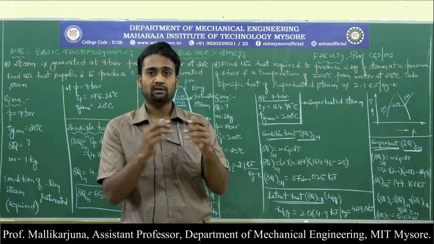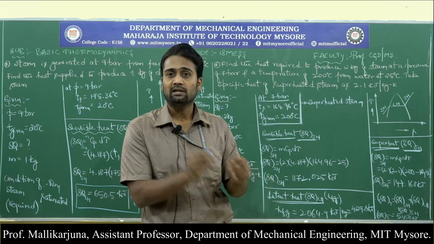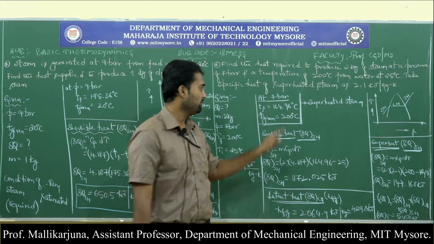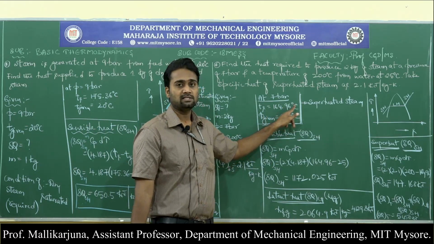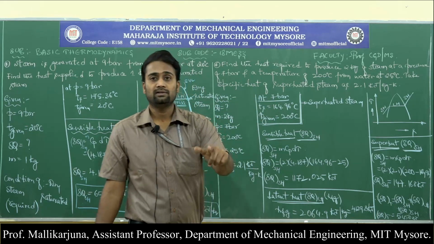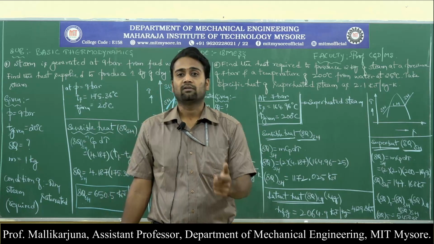So at 7 bar pressure, if I am looking for the saturated substance, either it may be the saturated liquid or it may be the saturated vapor, dry saturated vapor, its temperature should be 164.96 degrees centigrade. So based on this, I will decide what kind of substance I am operating with.